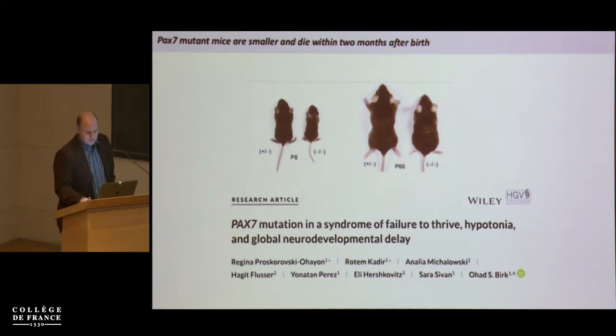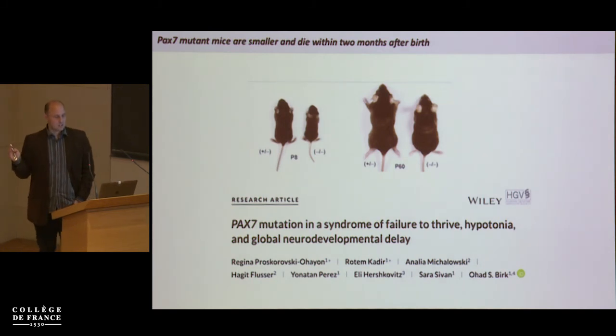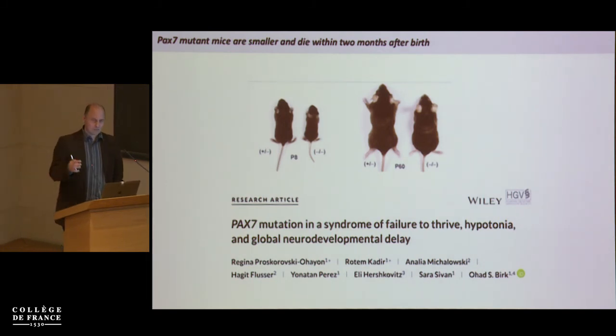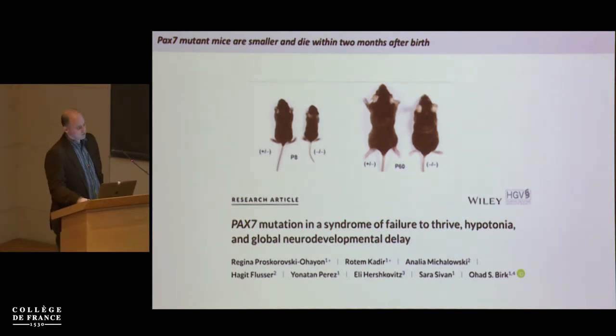And obviously, I don't think that there is much data on why the animals die so early. And I will not provide an answer, but I will provide some data on a problem that so far I don't think has been appreciated.